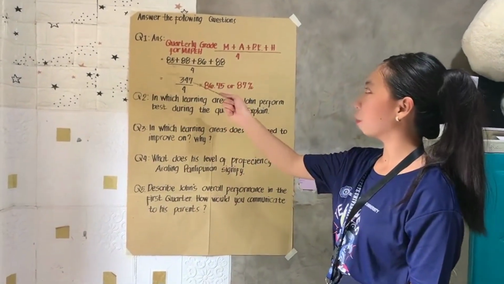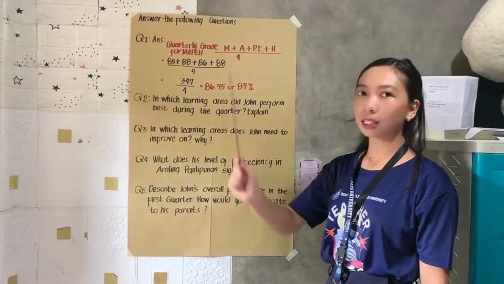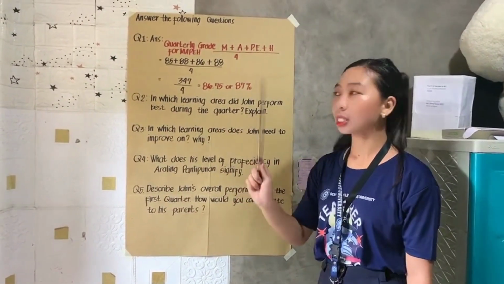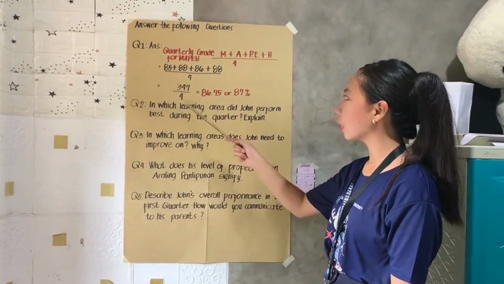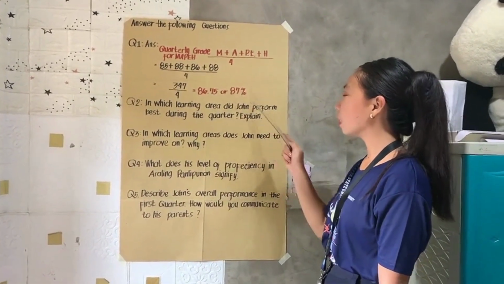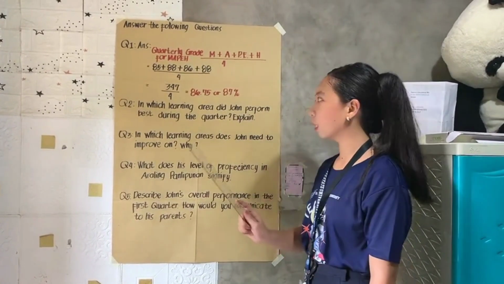So 85 plus 88 plus 86 plus 88, that would be 347 divided by 4, that would be 86.75 or 87 if we're going to round it off.